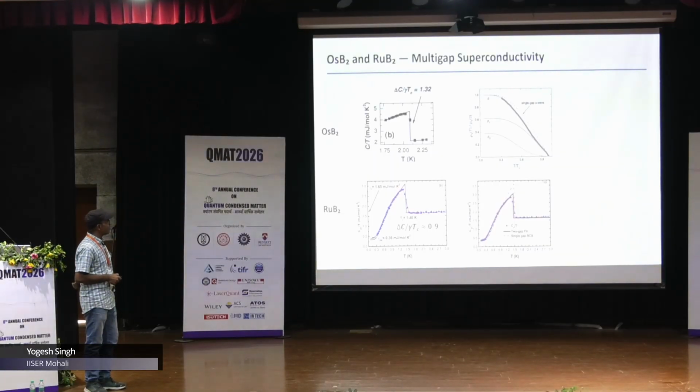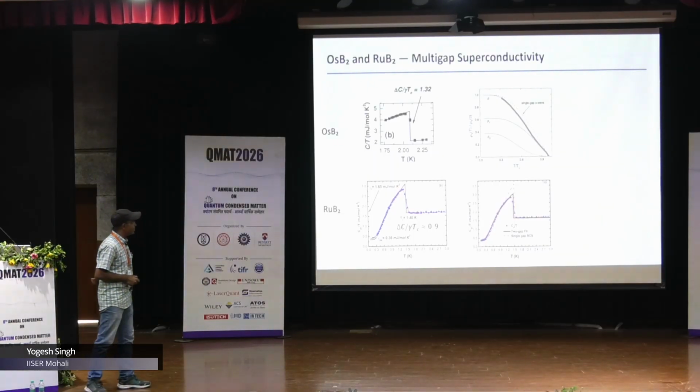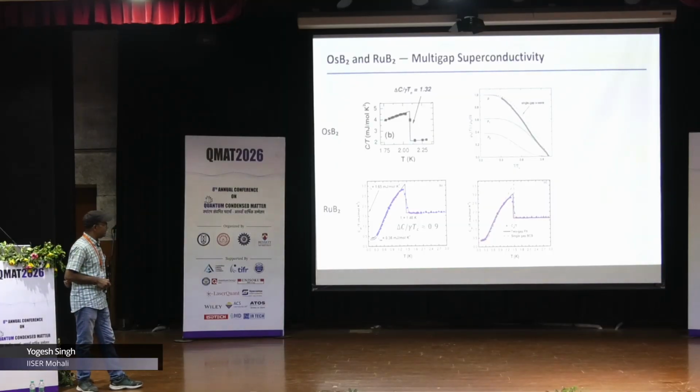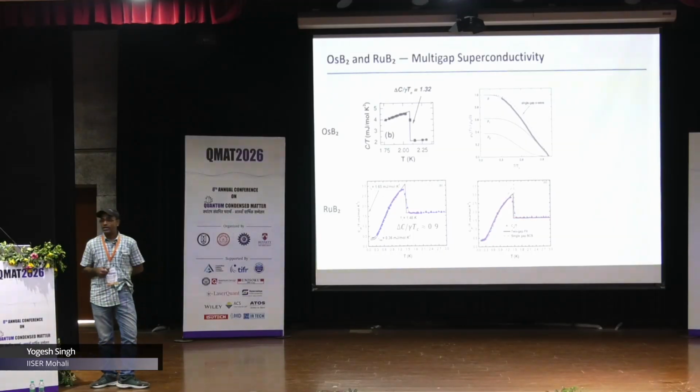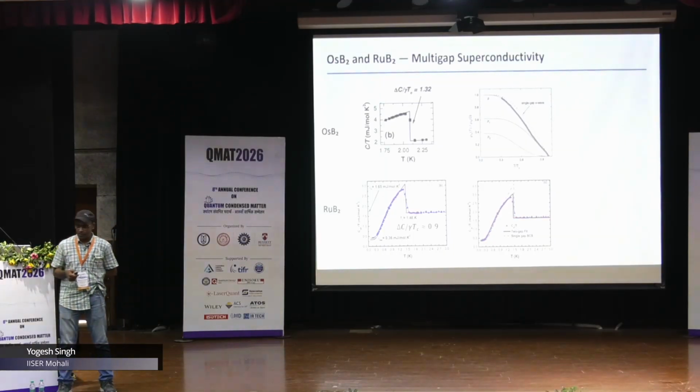In RuB2, we were not able to do a penetration depth measurement, but the heat capacity could be fit beautifully with a two-gap fit, although the single gap fit does not fit it at all. Both have deviations at low temperatures and at the Tc. So both materials appear to be type 1 multi-gap superconductors.